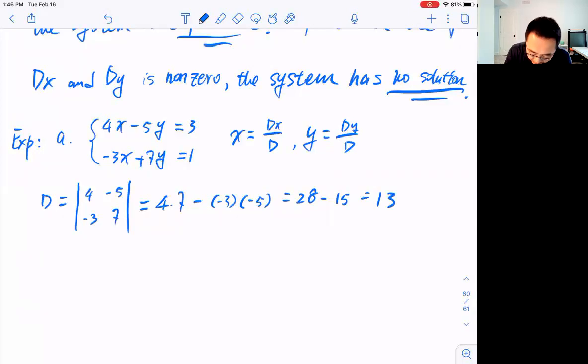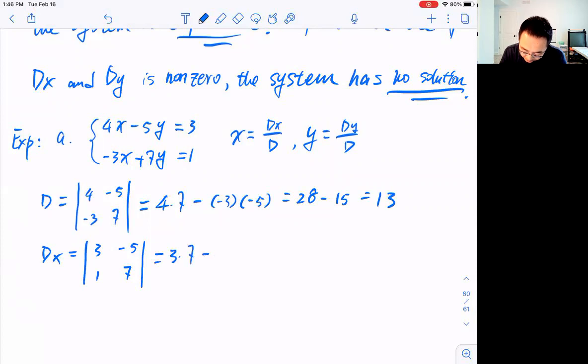Okay? Now dx is replacing the x coefficients with the constants, right? So that means it is the determinant of 3, 1, then negative 5 and 7, right? I replace the coefficients of 4, negative 3 in front of x with the constants of 3 and 1 from the two equations. So this equals 3 times 7 minus, okay, 1 times negative 5, and that gives you 21 plus 5, which is 26.